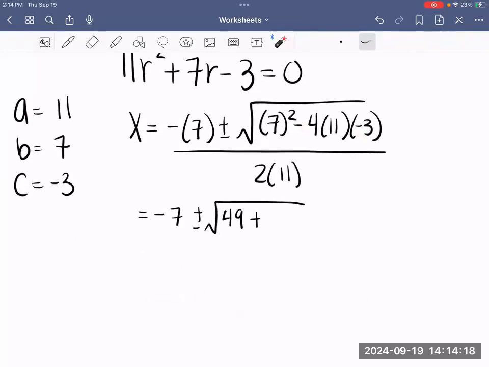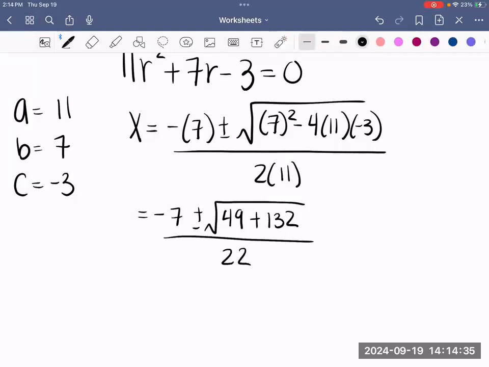I always recommend writing your sign first. But anyways, we have 4 times 11, so 44 times 3, which is 132 all over 22. Going ahead and keep cleaning up that number. We have 49 plus 132 is 181 all over 22.